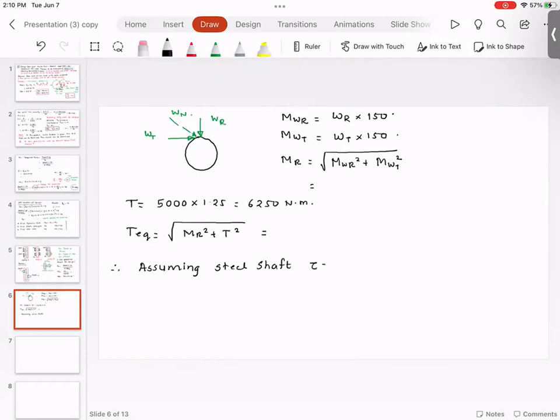tau is equal to 60 Newton per millimeter square. TEQ is equal to J tau divided by R, so 60 TEQ.